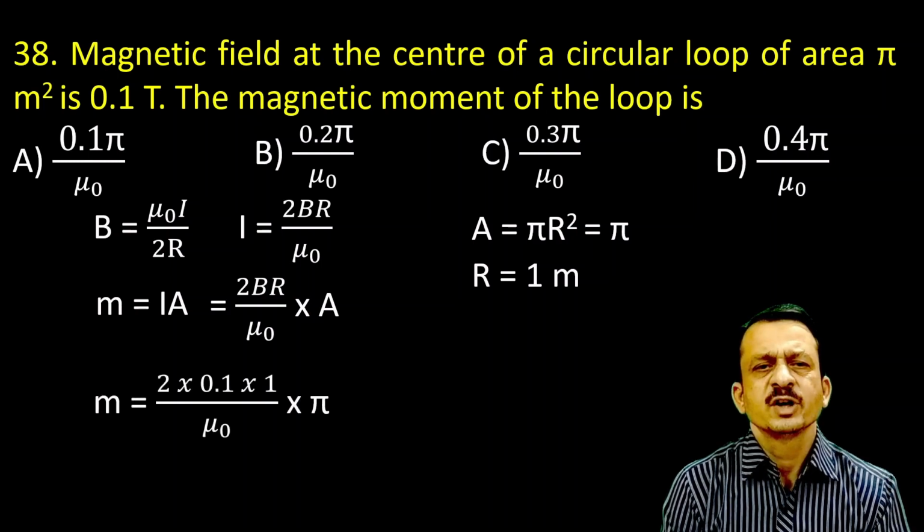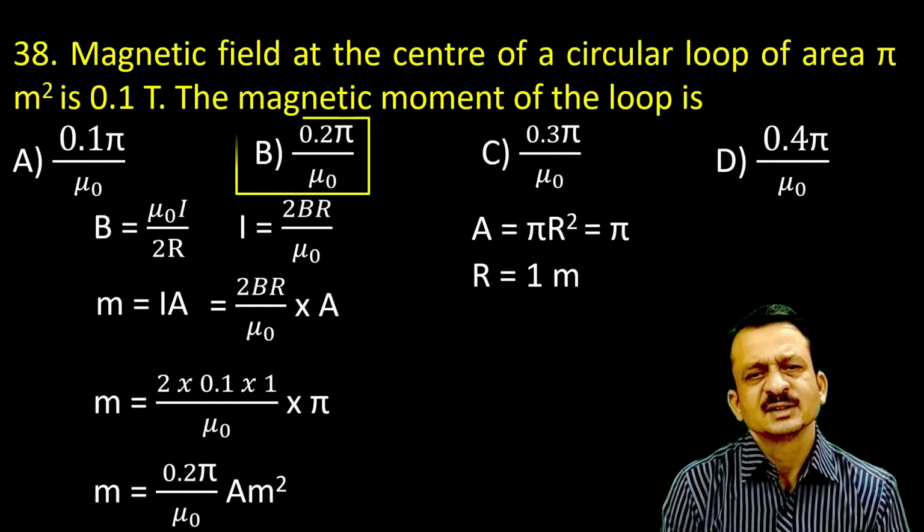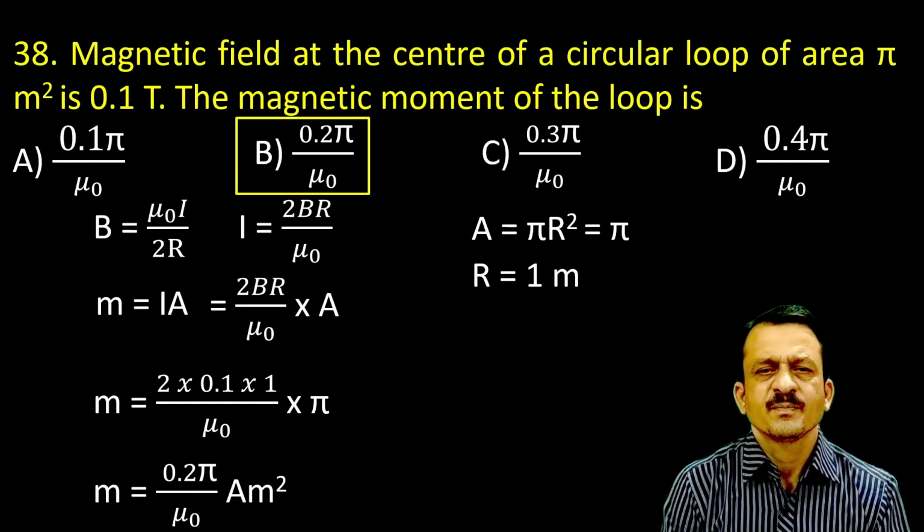Now substituting all these values, 2 into magnetic field 0.1, and r we have got 1, divided by mu naught, into pi. 2 into 0.1 is 0.2 pi divided by mu naught, hence B is the right answer here. Next problem.